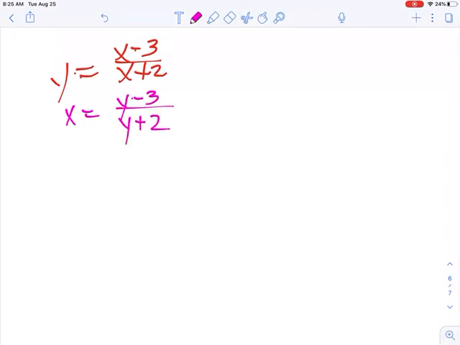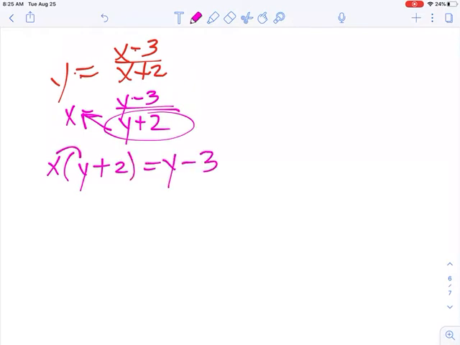Okay. Let's go ahead and switch our x's and our y's. I'm hoping that you got our first step of we need to multiply this denominator over. Then we need to take that x through.